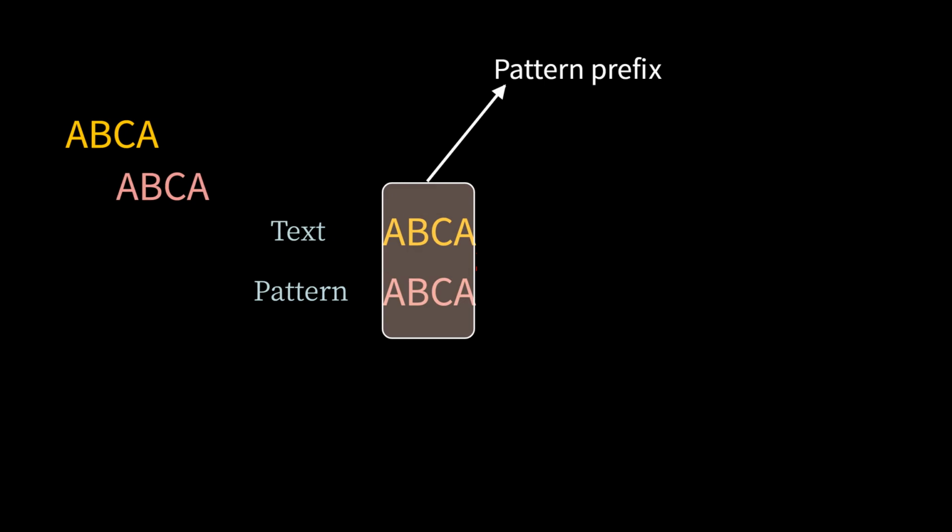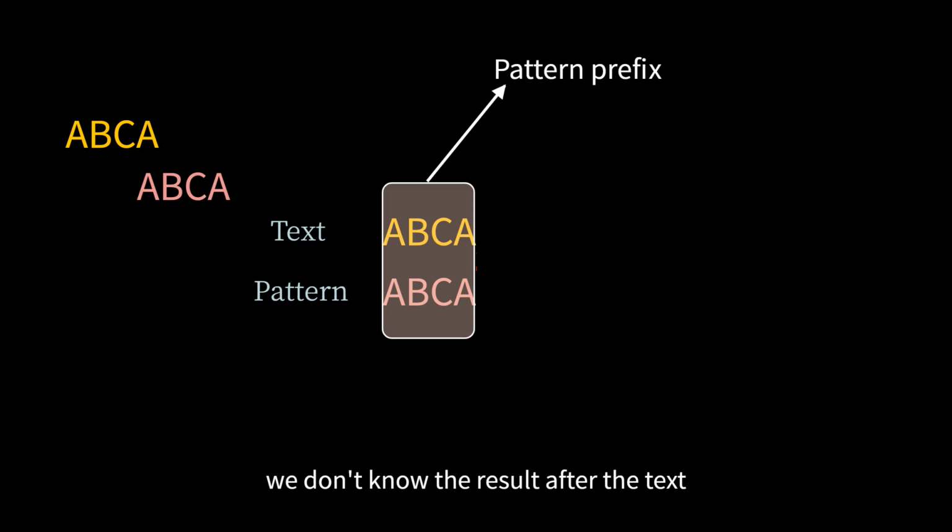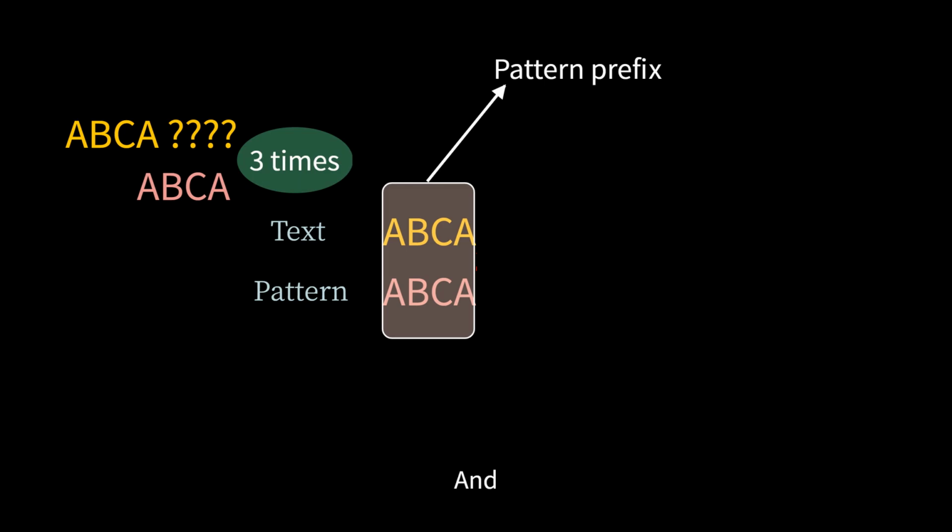Move it back again, it still doesn't work. Move again, it's okay. Although we don't know the result for the text, at least it is possible to match. It was completely impossible before, so it can be moved at least 3 places and start the comparison from the second B of the pattern.